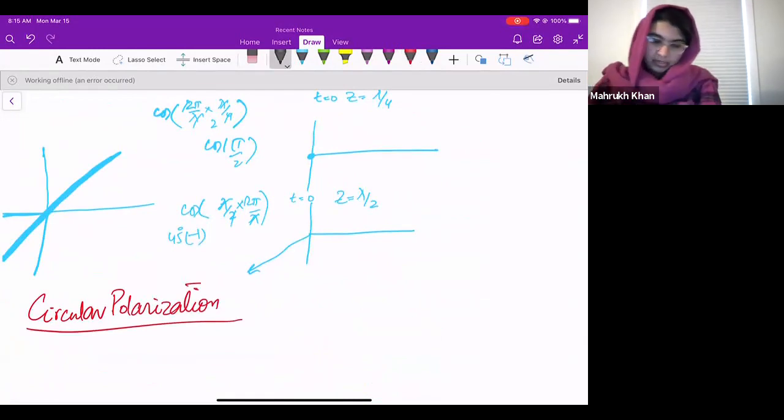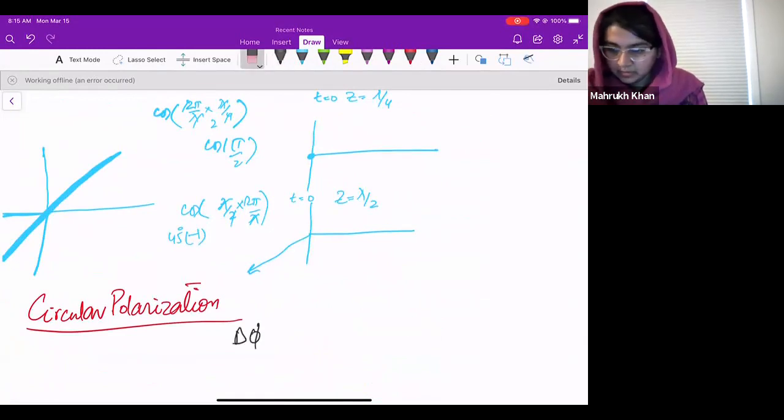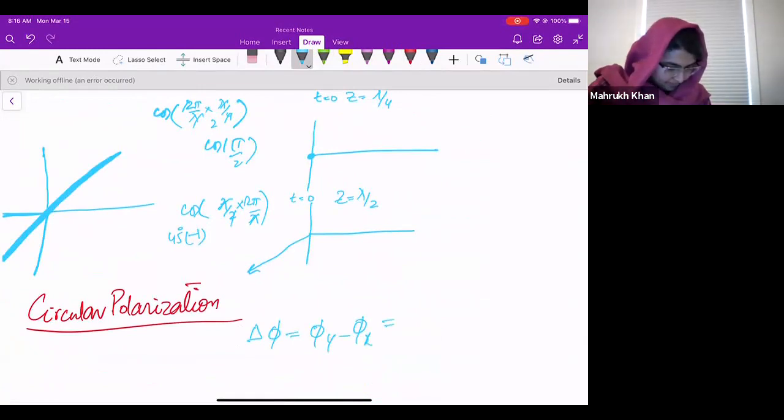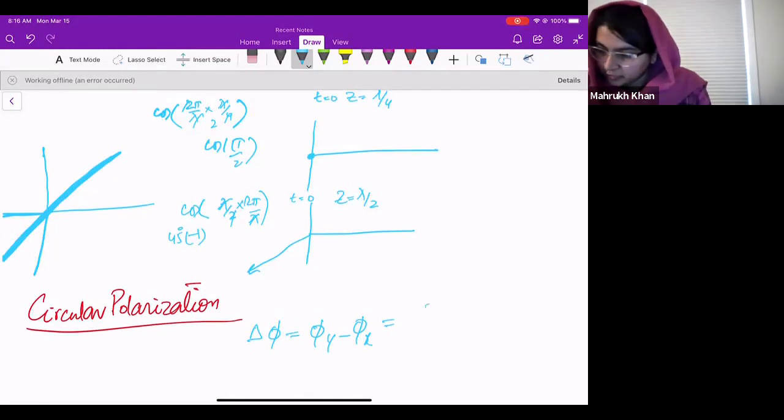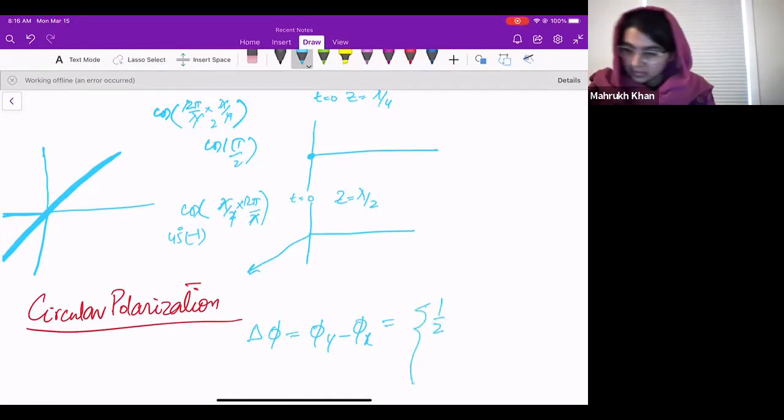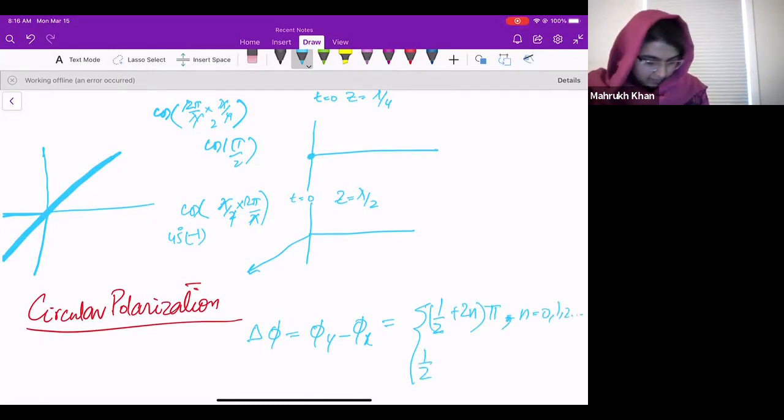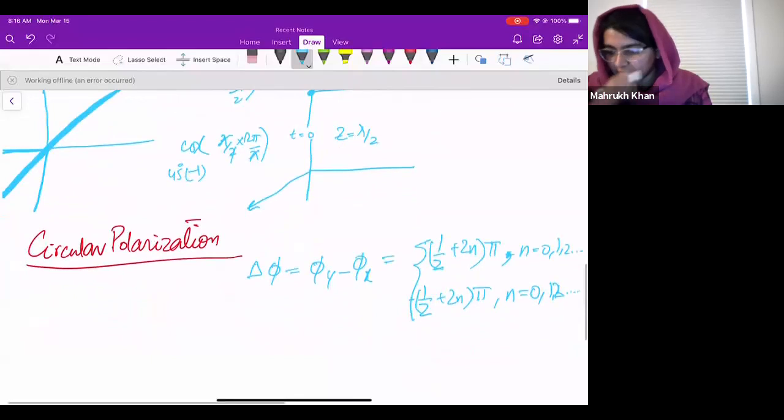So circular polarization occurs when the phase angle difference is as follows. I am writing for clockwise right now. There are two types of polarization, clockwise and anti-clockwise. It depends upon the rotation. If it is a clockwise rotation, this is the difference, and if it is anti-clockwise, this is the difference, where n varies as 0, 1, 2.